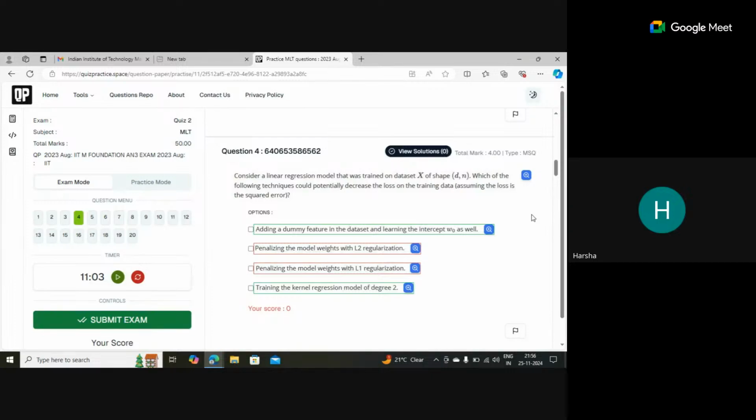It should be a balance. So if you penalize it a lot, then the emphasis on regularization is more, either L1 or L2.